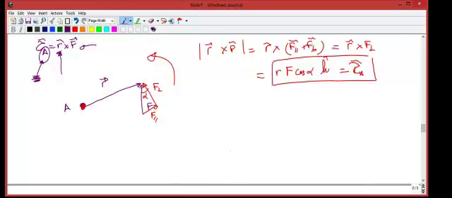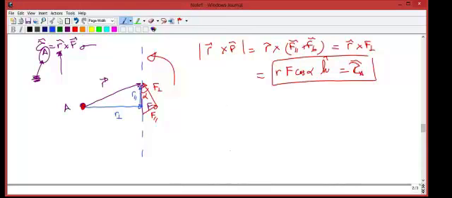Similarly, you could have kept F but decompose R such that it is parallel and perpendicular to F. That is, you could have decomposed this guy. This is R perpendicular, and this is R parallel. It's a free country, you can do whatever you want.